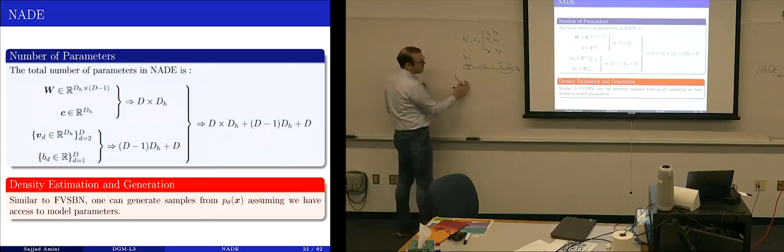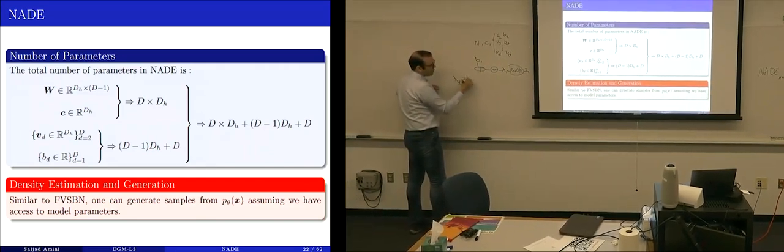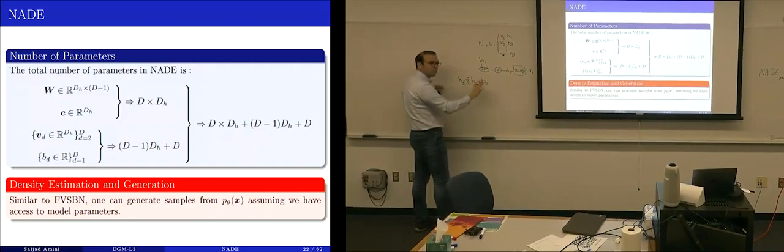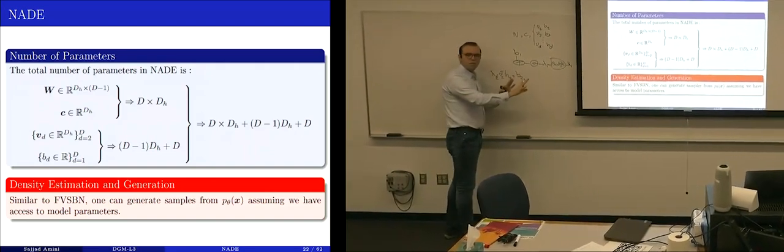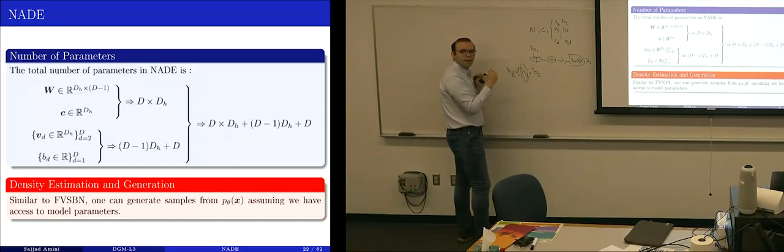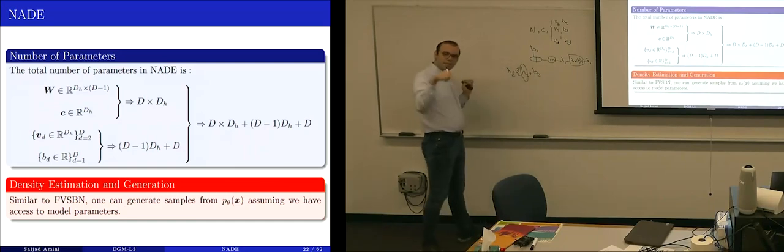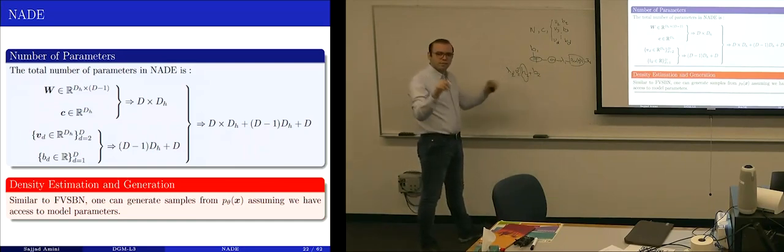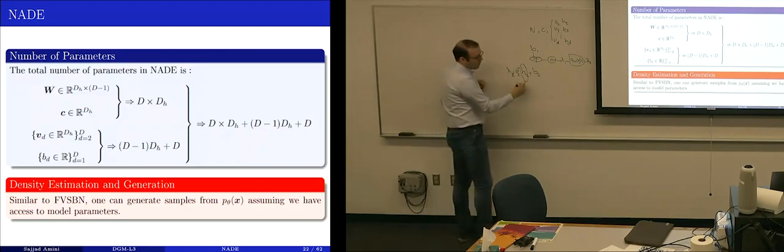We know that previously lambda 2 is the sigmoid of V2 transpose H2 plus b2. Okay? This is similar to the fully visible sigmoid belief network. How can I generate H2? From the first two, take the first two columns from the weight. They take exactly the first column because it just needs one column here. H2 is W1 times x bar 1.